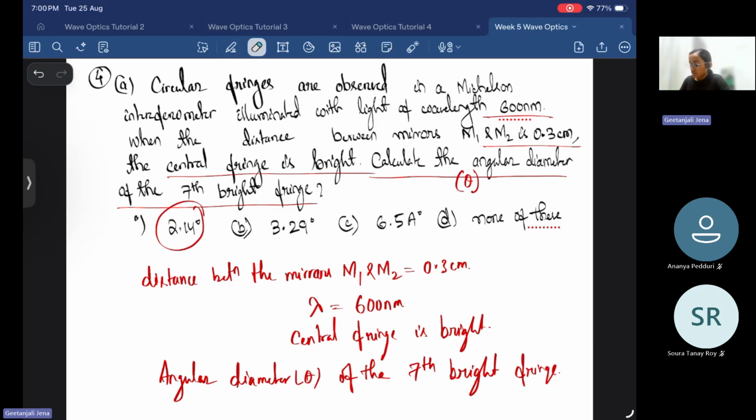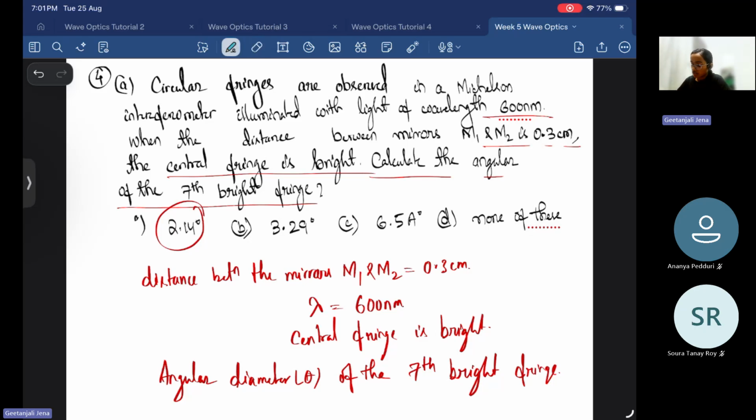If there is a confusion between angular radius and diameter, some may find this will be 2 theta. If that is the case, then let me rewrite it.